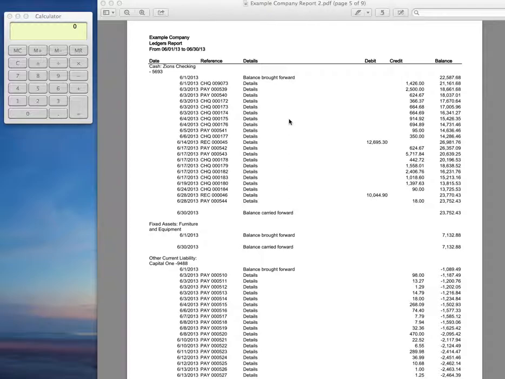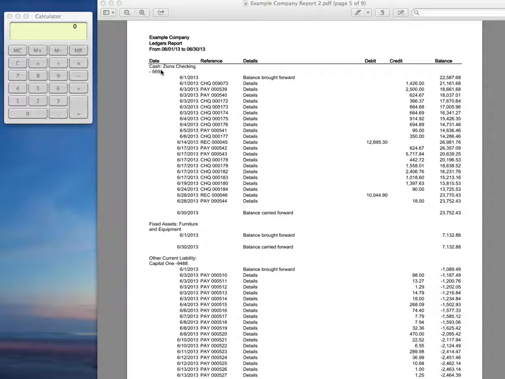Since this is an example, it just says details. But as you can see, it shows every transaction that went into arriving at your ending bank balance.